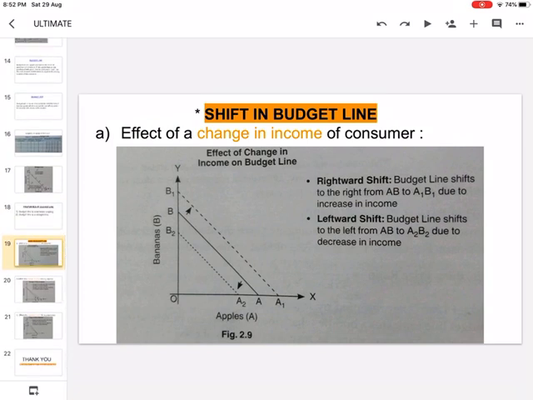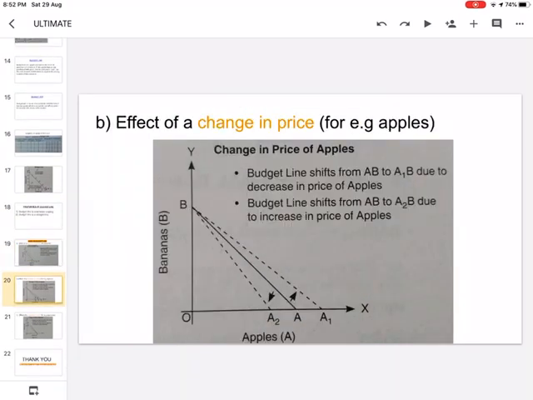Now, what happens if there is a change in the price of the commodities? Suppose there is a change in the price of apples. If the price of apples falls, he can buy more of it. In such a case, the budget line will shift from BA to BA1. It goes outward.